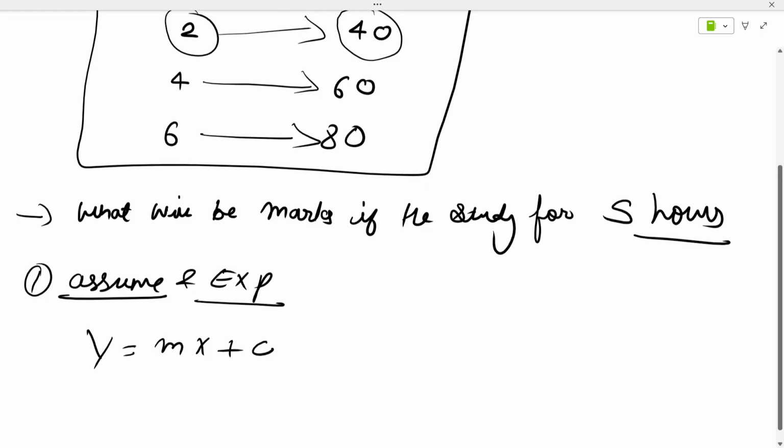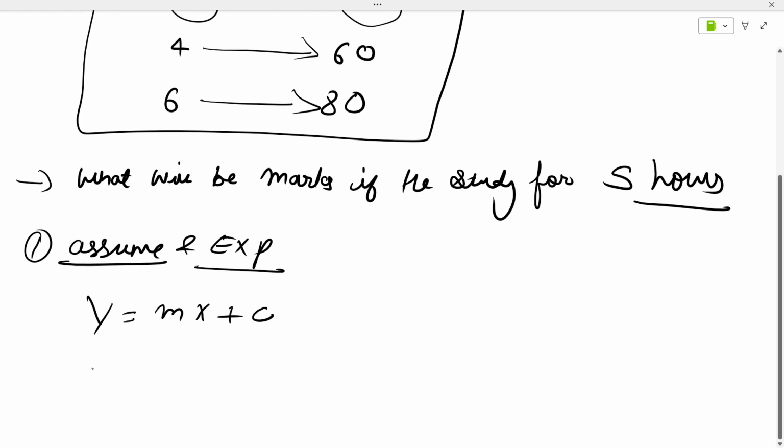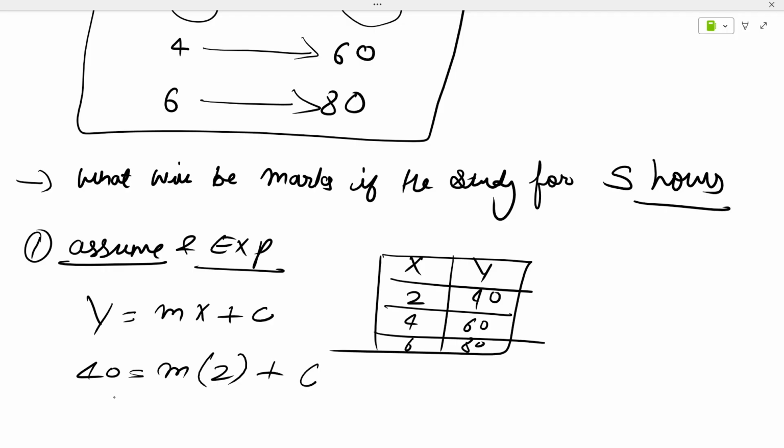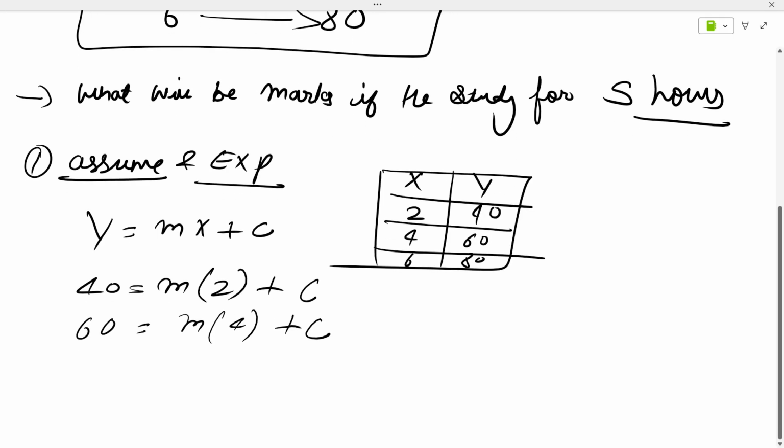You already have input-output pairs, x and y: for 2 it is 40, for 4 it is 60, for 6 it is 80. So 40 equals m times 2 plus c, and one more equation you can form is 60 equals m times 4 plus c.